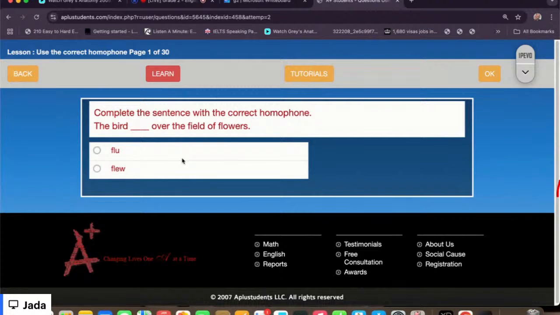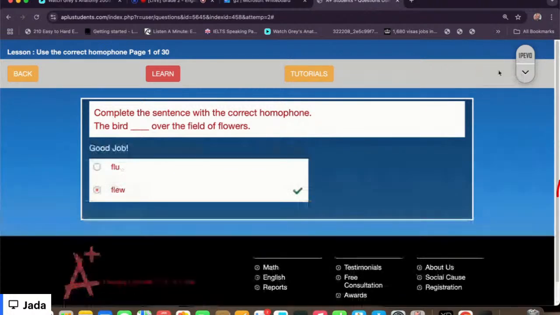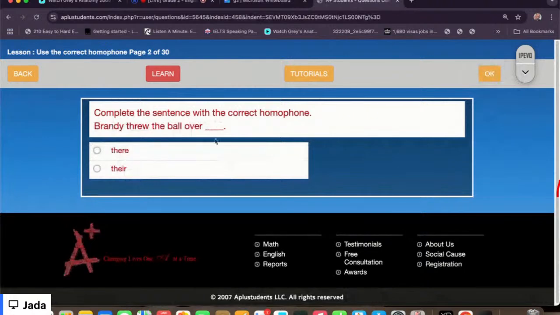Okay, so flew. All right, good. So what about this one? Brandy threw the ball over there. What is the right answer here? One or two.